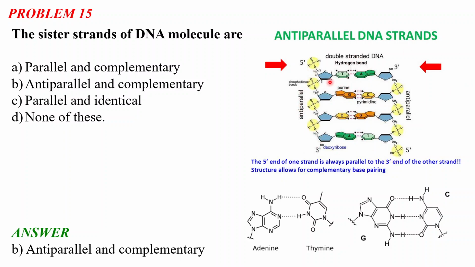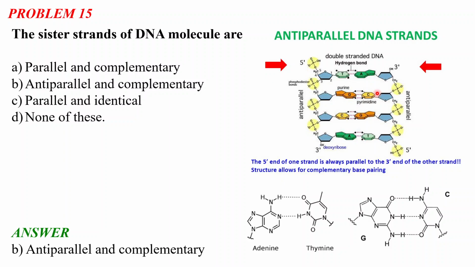And complementary means if one strand has a thymine, the other strand will have the complementary base, which means it will have adenine. If it has guanine, the other will have cytosine. So it means complementary. If adenine is present, the other chain will not also have adenine. It will have the complementary base, meaning the base with which it forms hydrogen bonding.